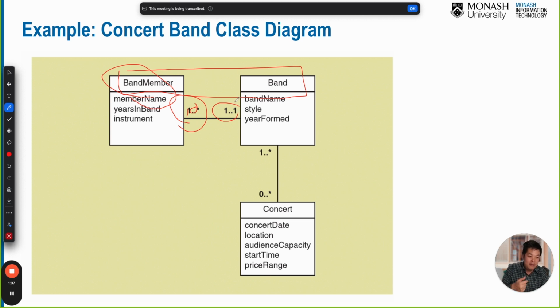You never see one band member appears in many bands. It belongs to just one band. So that's why we use 1 to describe the relationship here. One band member has only one band. Make sense, everyone?